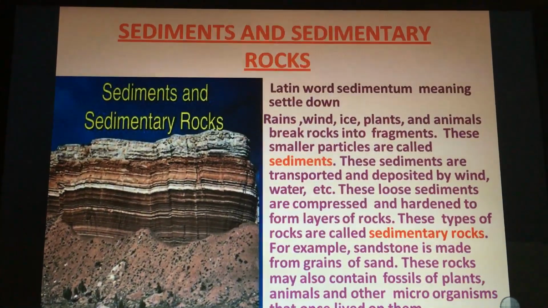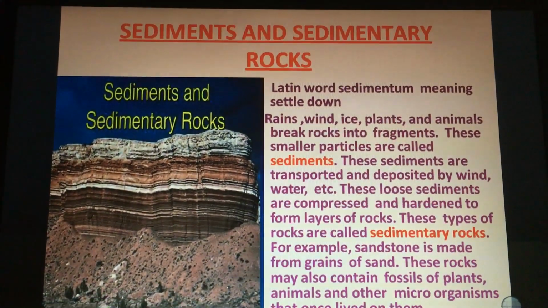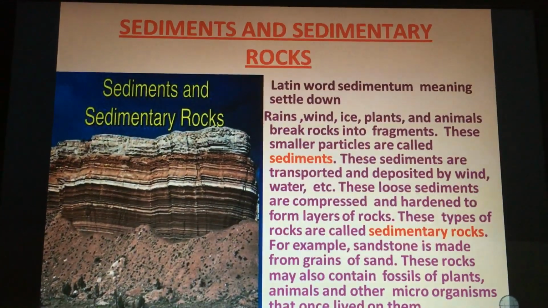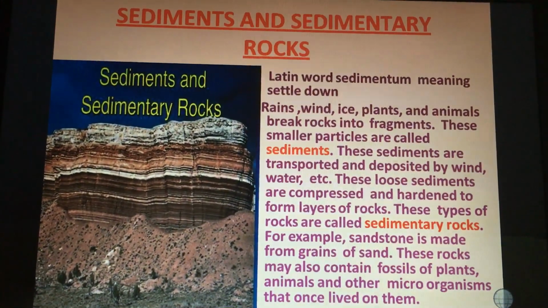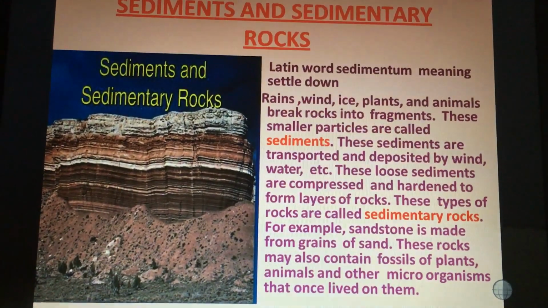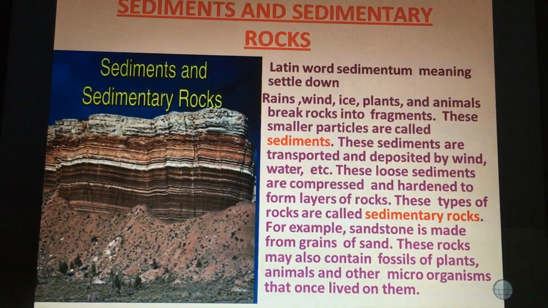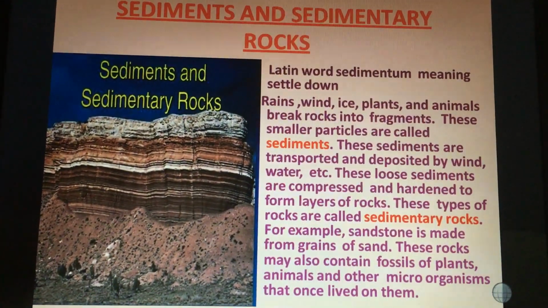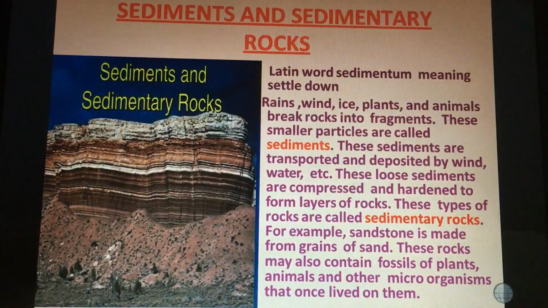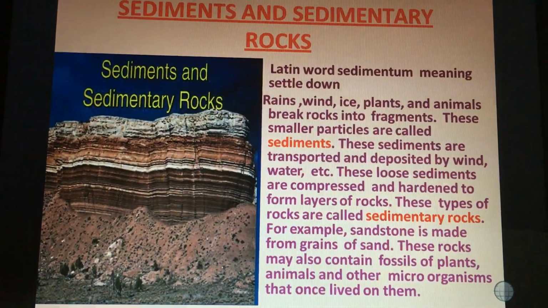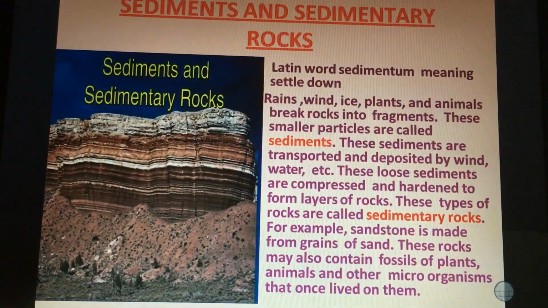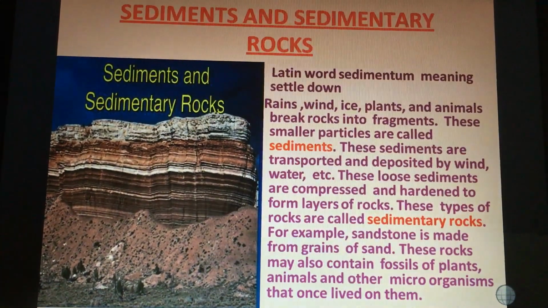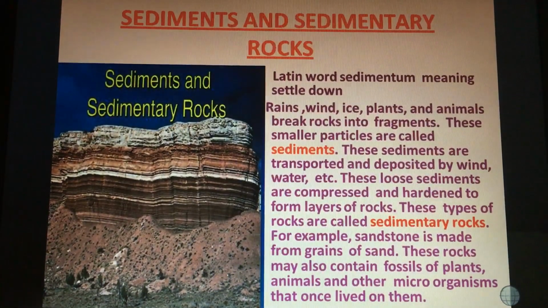Moving up, next are the sediments and the sedimentary rocks. The word comes from the Latin word sedimentum, meaning settle down. This means these rocks are related to some content which has settled down. Rains, wind, ice, plants and animals break rocks into fragments, into different parts. These smaller particles are called sediments. These sediments are transported and deposited by wind, water and some other components.